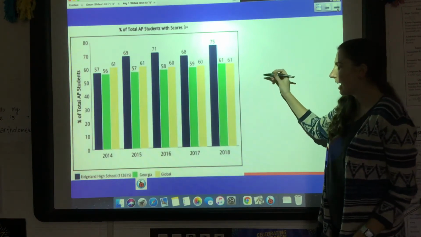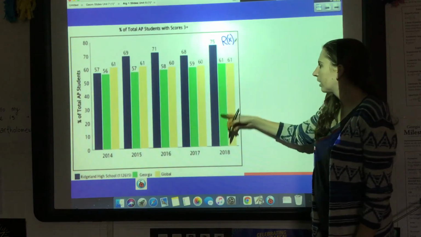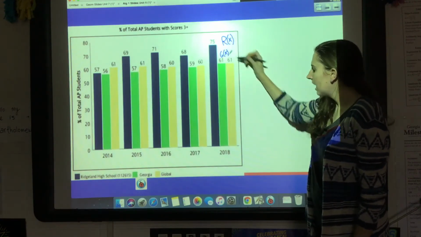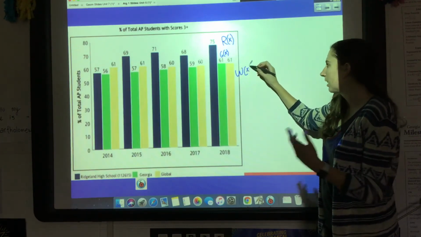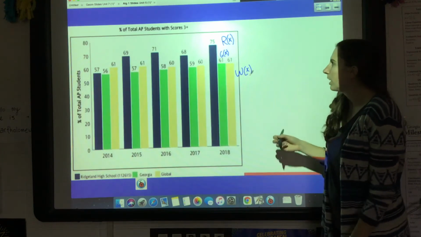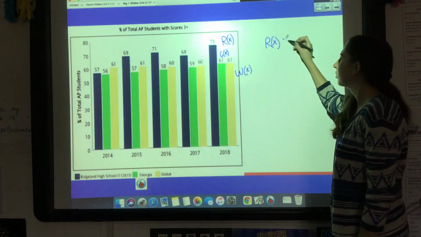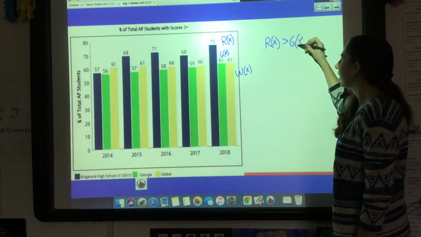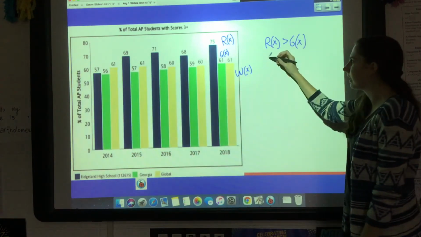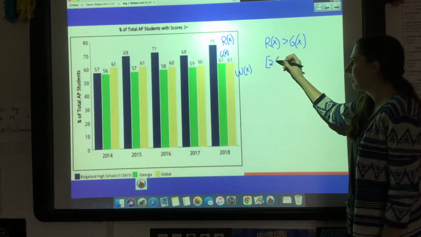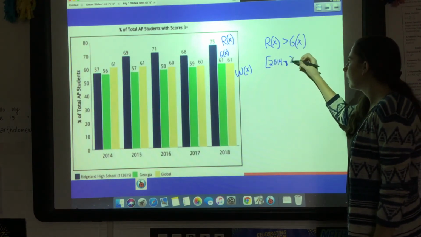So we might say, like if we said Ridgeland would be R of x, and we could call Georgia G of x, and then we could call global W for maybe world, I'm just giving them names. We could say Ridgeland is greater than Georgia because our scores have been higher every single year, from 2014 to 2018, so I want to specify the domain from 2014 to 2018.